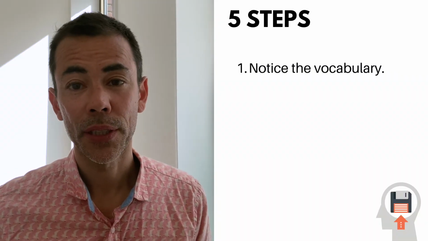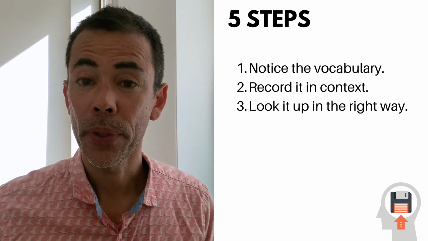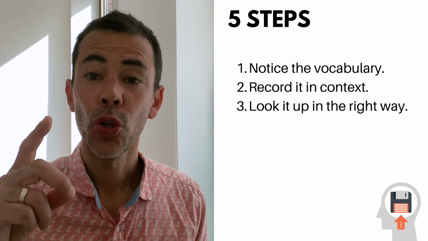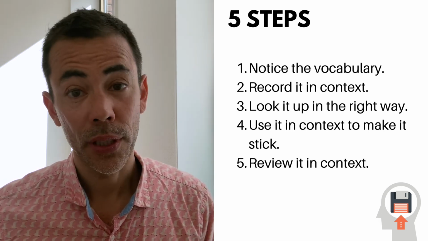Notice the vocabulary. Record it in context. Look it up in the right way. Use it in context to make it stick. Review it in context. Like anything else in learning English, this has to be a conscious, deliberate process. You need to be tuned in to what you're reading, what you're listening to, what you're watching, to notice the new vocabulary.